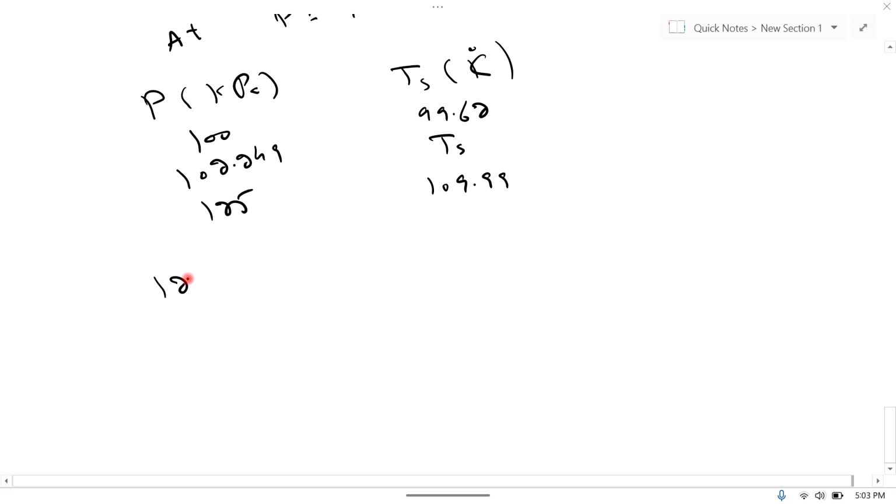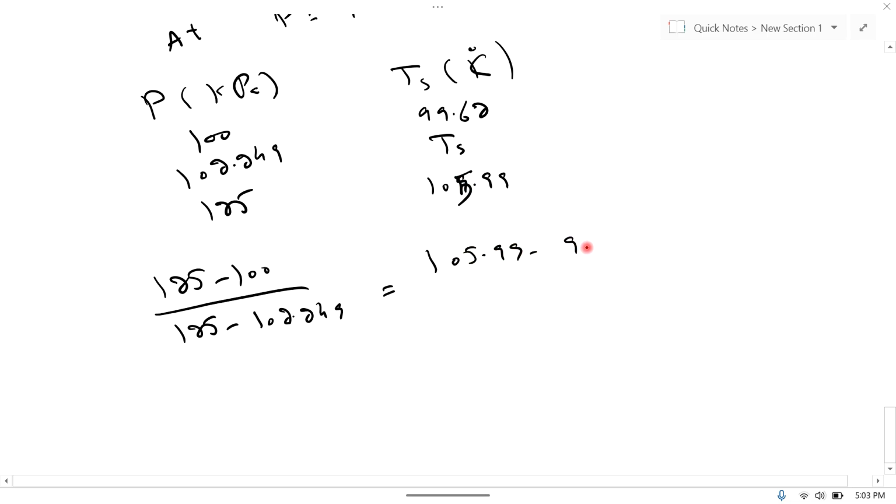So third minus first divided by third minus second is equal to, this is 105.99, third minus first divided by third minus second is Ts.